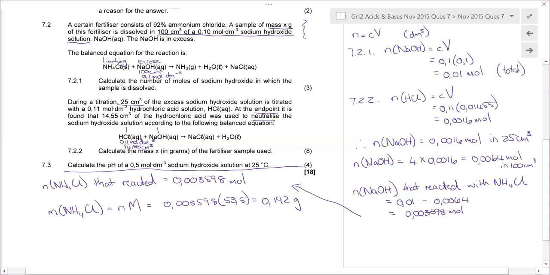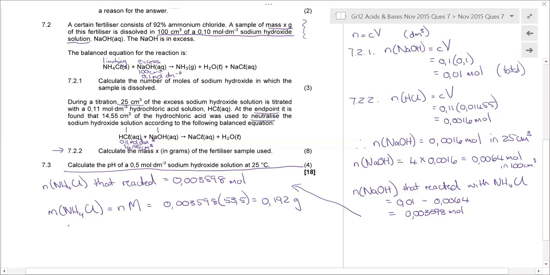But remember, it says a certain fertilizer consists of 92% ammonium chloride. A sample of mass X grams of this fertilizer was dissolved in the sodium hydroxide solution. The question in 7.2.2 is calculate the mass. So they want 100%. This is 92%.